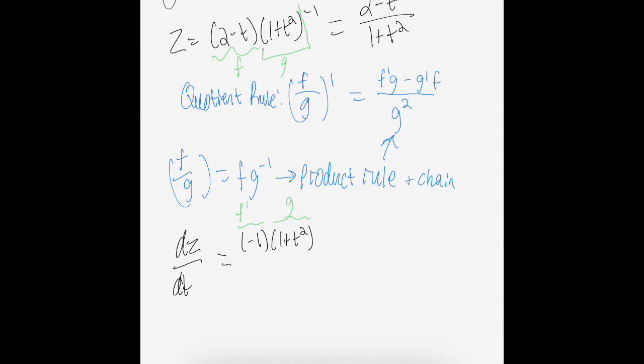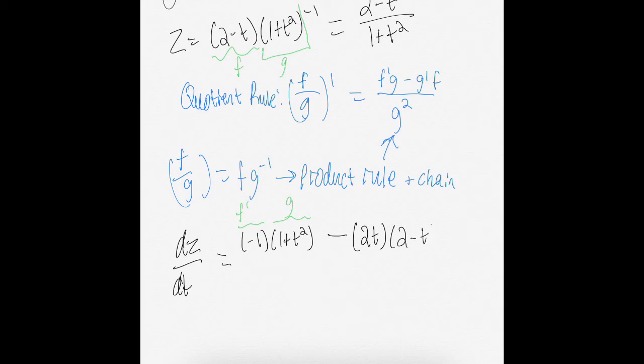Okay, so this right here is f prime. This right here is g. Minus g prime. Okay, so g prime is going to be, well, let me see, that's the derivative of 1 plus t squared. Well, the derivative of 1 is 0. It's a constant. And the derivative of t squared, that's going to be 2t by power rule.